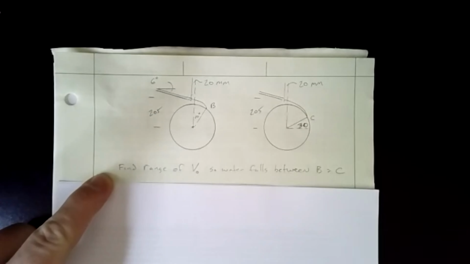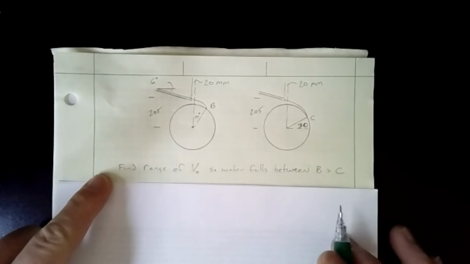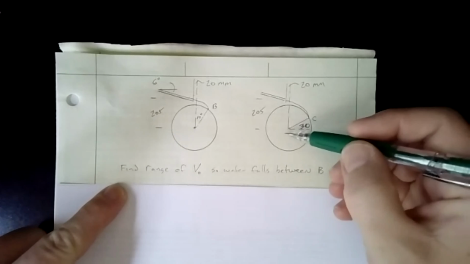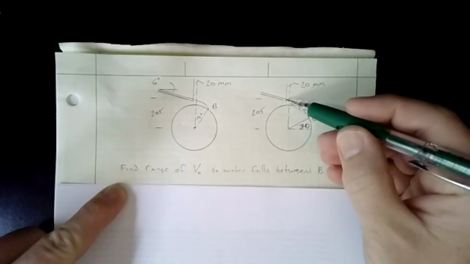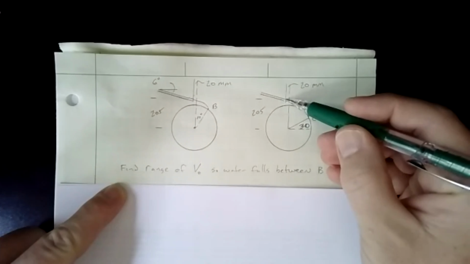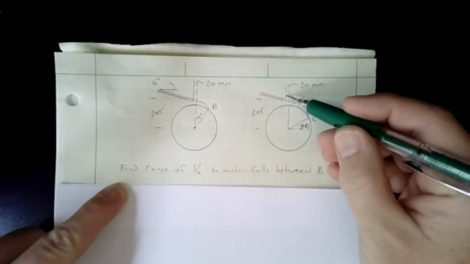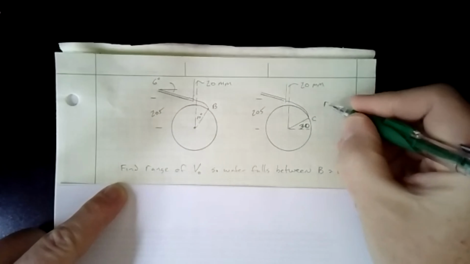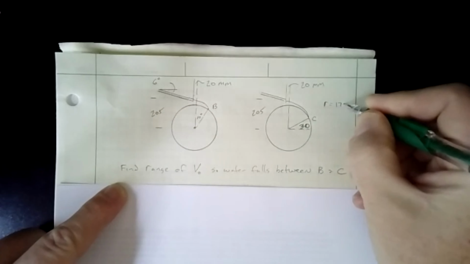All right. Like before, we have our range of V naught, so the water falls between B and C, and other than that we only know dimensions. We know that this height from here up to where the water's ejected is 205 millimeters. We know it's behind by 20, and we know that the radius of the circle is 175 millimeters.